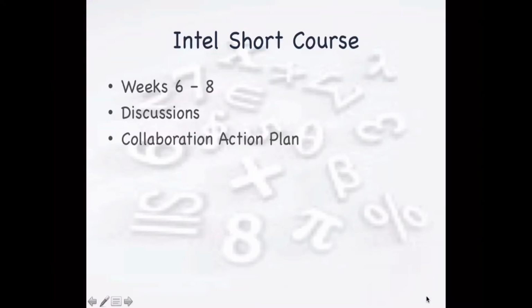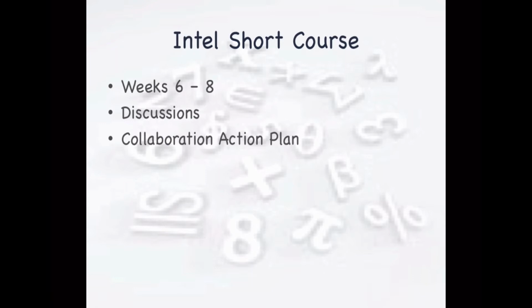Finally, after this week, for the next 3 weeks, you will not have a PowerPoint and a screencast posted, because you'll be going through the Intel short course in weeks 6, 7, and 8. You'll be responsible for reviewing that and completing that.